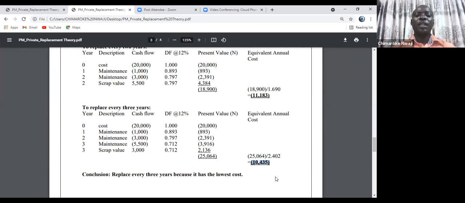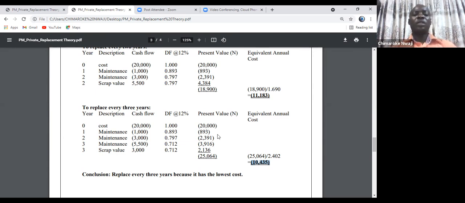So you can see that when we use time value of money, you need to discount everything to their present value. And you now add the present value to give you a net present value.